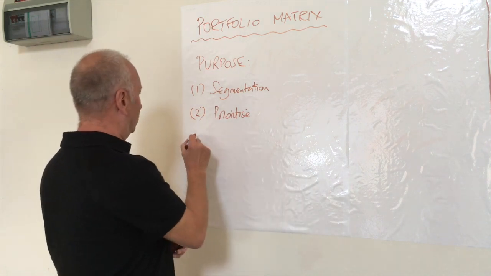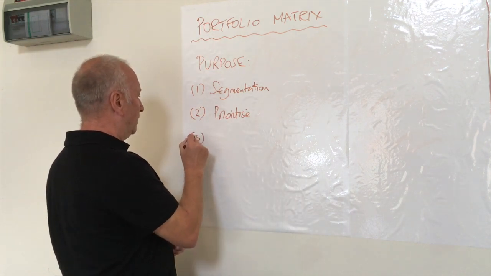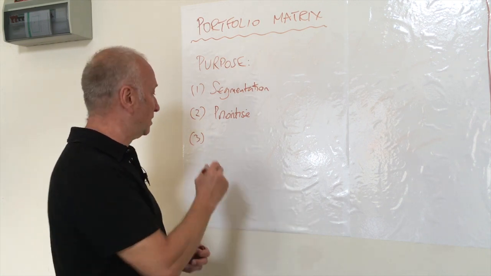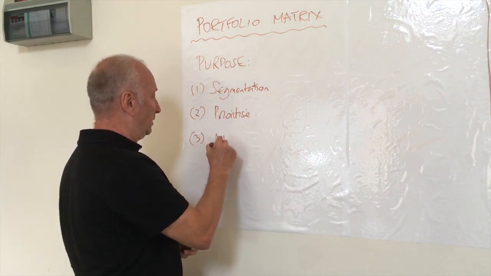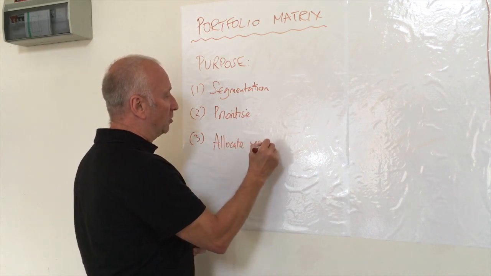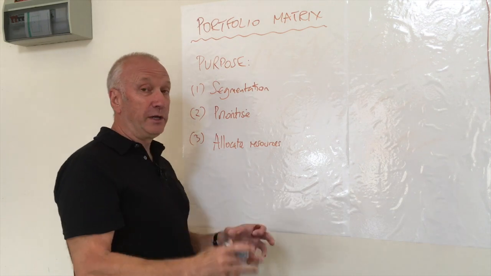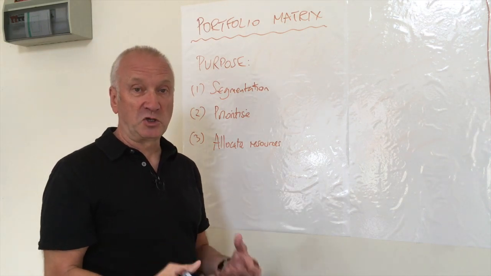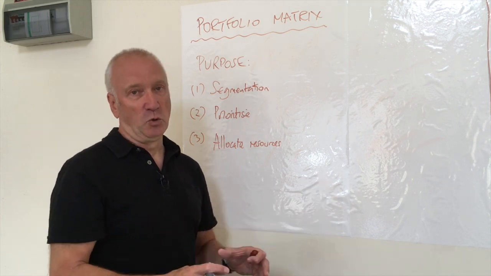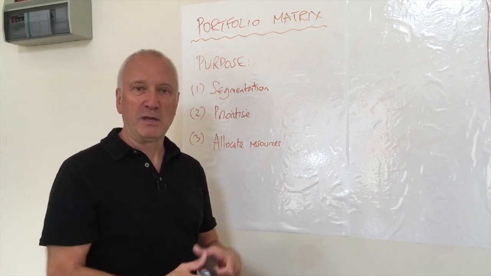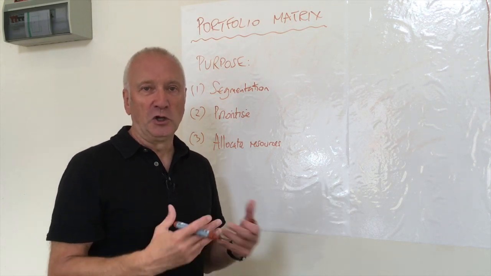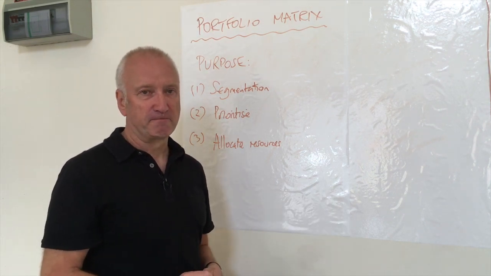But the third purpose of this matrix is very useful for leaders in that it helps them allocate their resources to the most important categories. So in effect, things that are really important will get the attention of the Chief Procurement Officer or other senior people within the team, but the less important ones will be managed by maybe junior buyers or graduates coming out of university, learning how to do the procurement job.